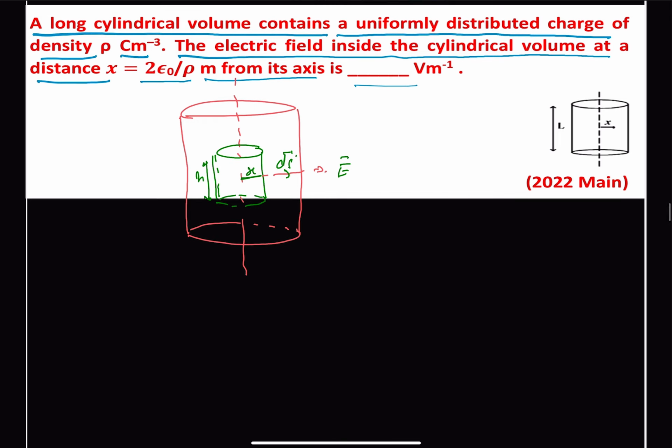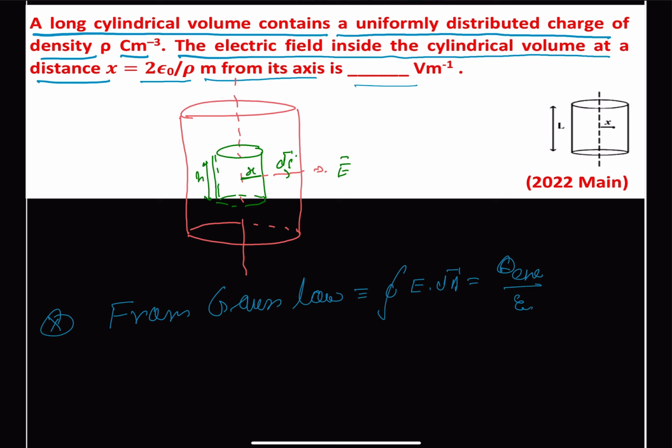Therefore from Gauss law, the flux for an enclosed area will be equal to Q enclosed upon epsilon naught.